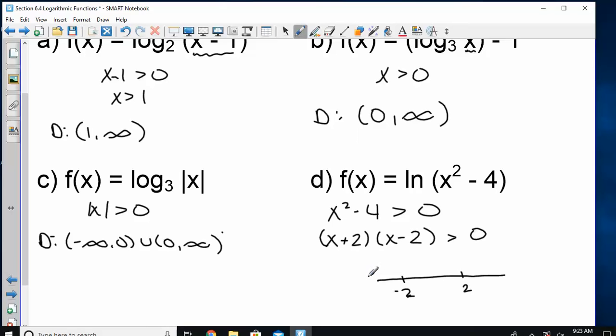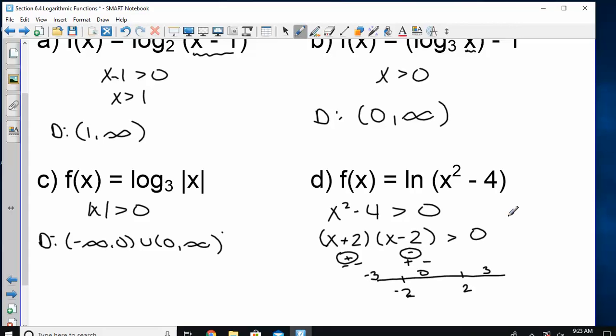Test points. So smaller than negative 2 would be a negative 3. In between the two of them, maybe a 0. And bigger would be a positive. So if I put in a negative 3, negative 3 plus 2 is negative, negative 3 minus 2 is negative. Negative times a negative is positive. If I put in a 0, 0 plus 2 is positive, 0 minus 2 is negative, and positive times a negative is negative.